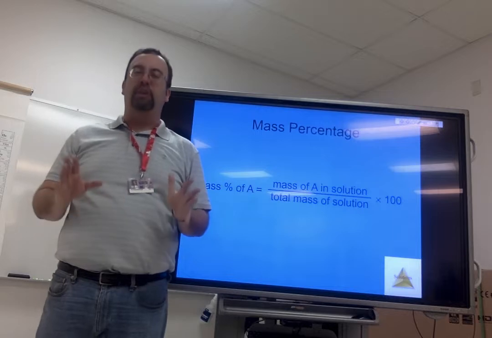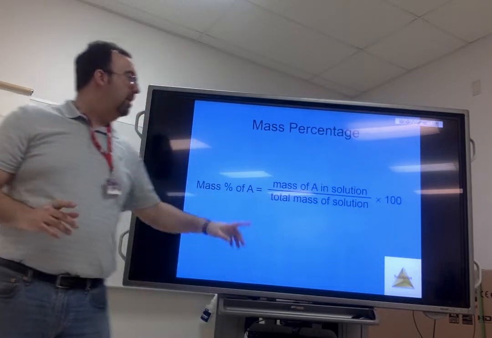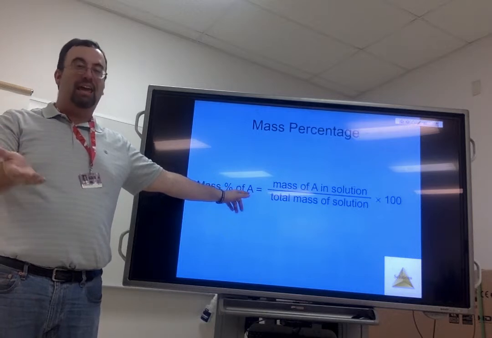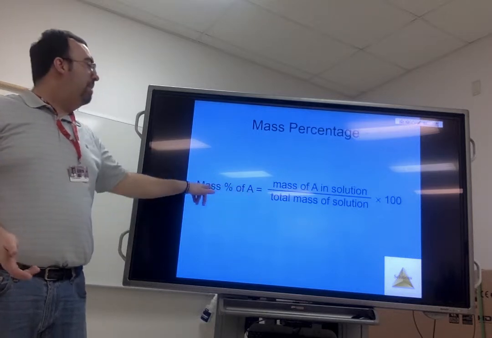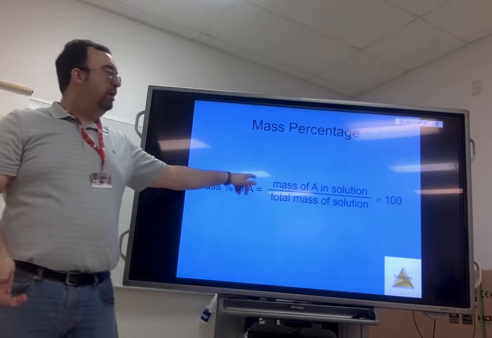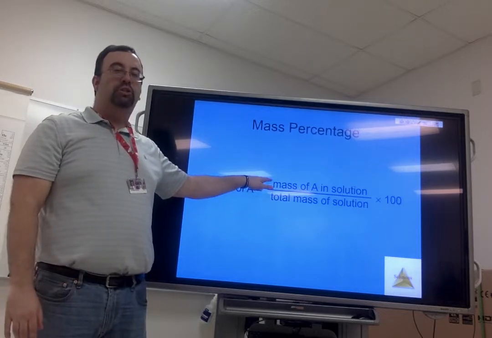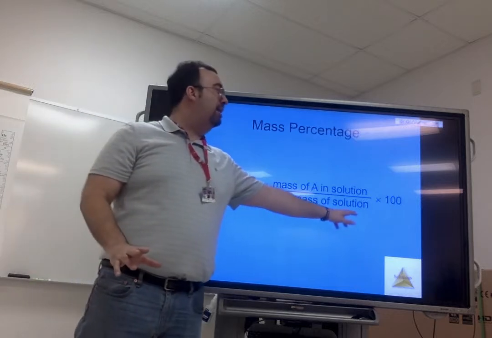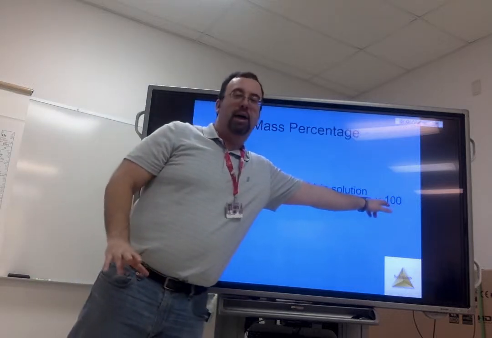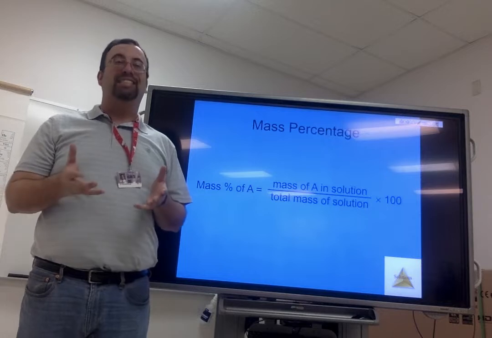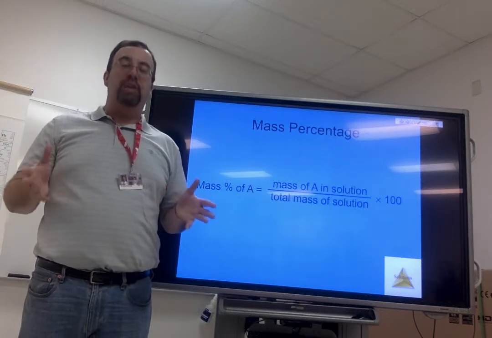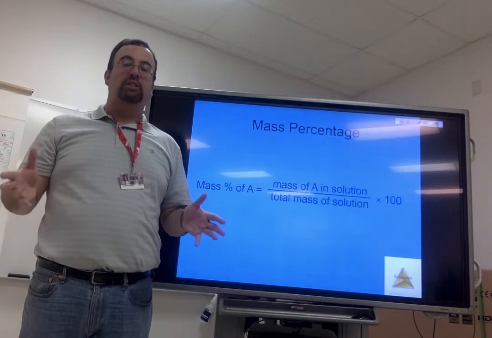If we have some part of the solution, let's call this A, the mass percent of A is the mass of A in solution divided by the total mass of the solution, multiplied by 100 because it involves a percent. This is one of the ways that we can express a concentration.